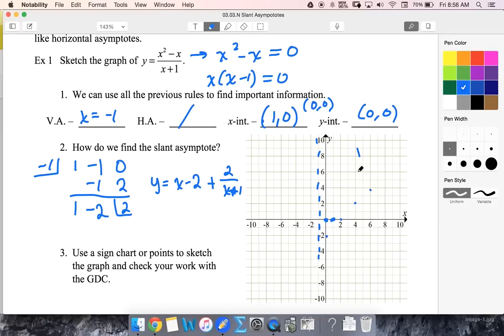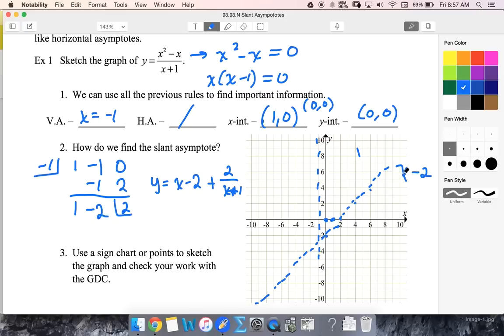Sorry, I'm going to try and draw this as carefully as I can. Doing an okay job. Getting a little bit off. There is my slant asymptote at the line x minus 2.